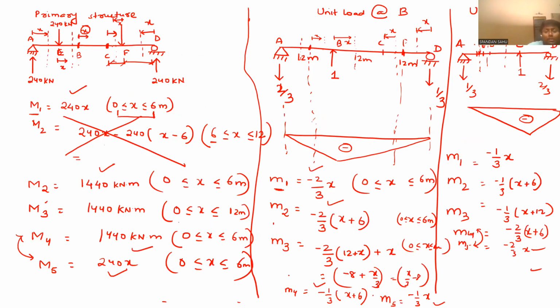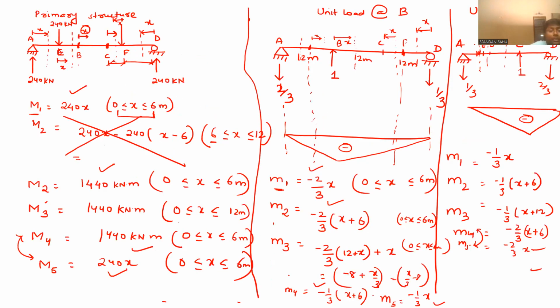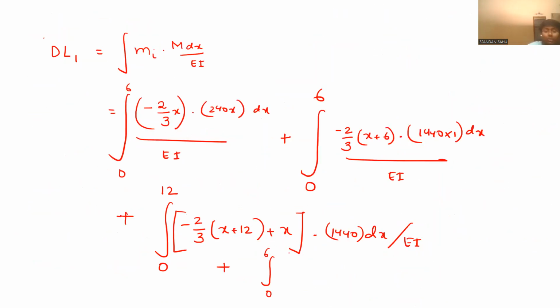B to C. B to C is 0 to 12, plus integration 0 to 6, but this side F to C, not C to F, F to C. So this will be minus 1/3 of x plus 6 into 1440.